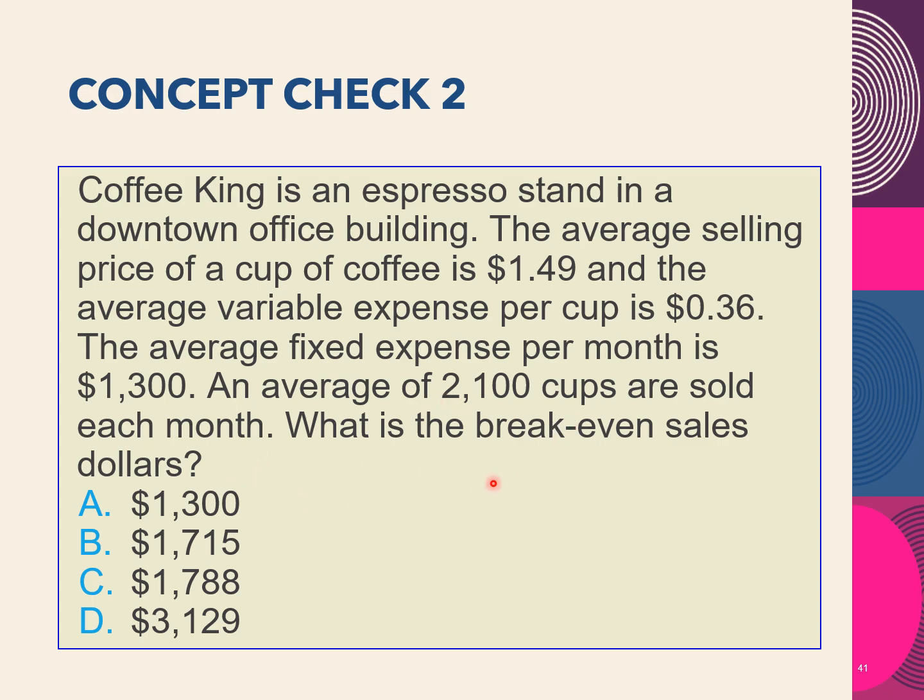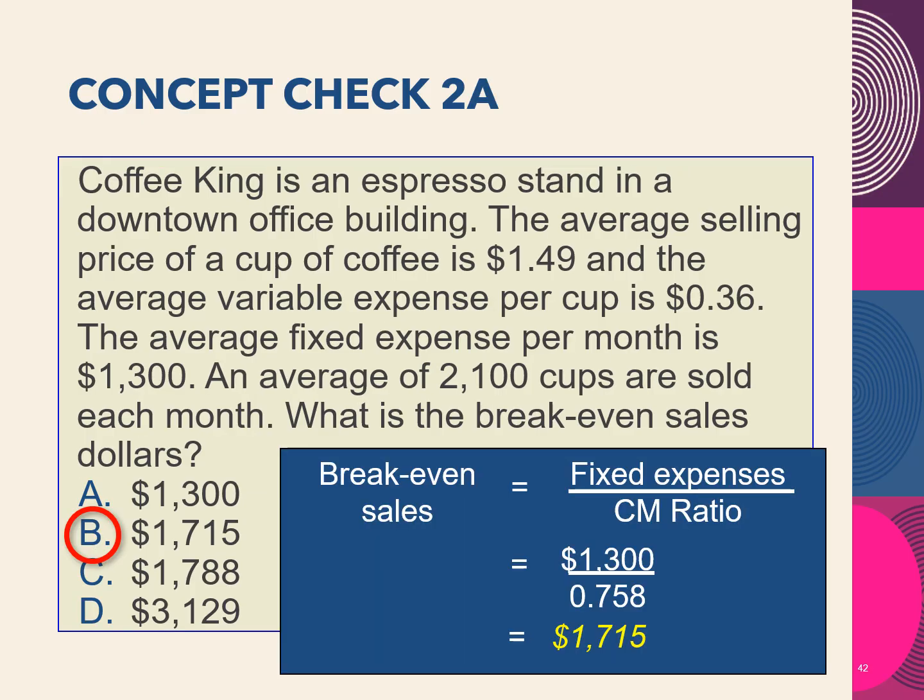So what is the break-even sales dollars? The answer is B. You take the $1,300 fixed expenses divided by contribution margin ratio, which is 0.758. You will get the answer.